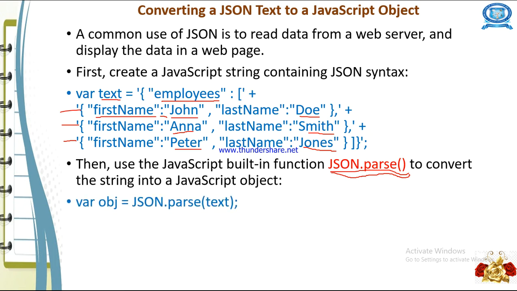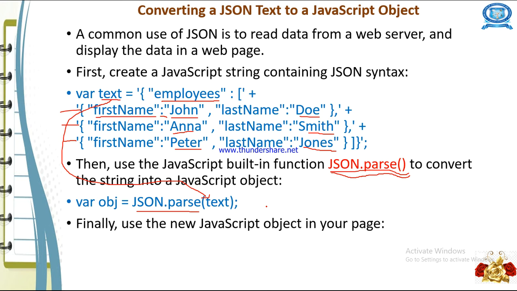The example: var obj equal to JSON.parse(text). So automatically the text value is assigned to parse. What is the use of JSON.parse? To convert the string into a JavaScript object. Okay. Finally, use the new JavaScript object in your page.